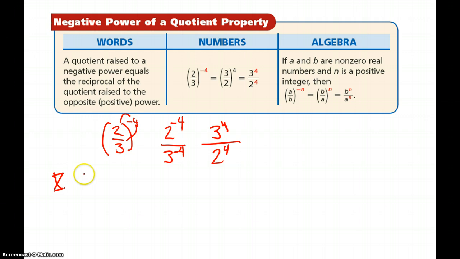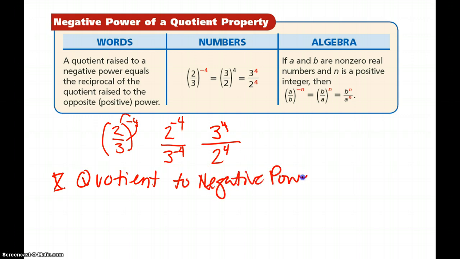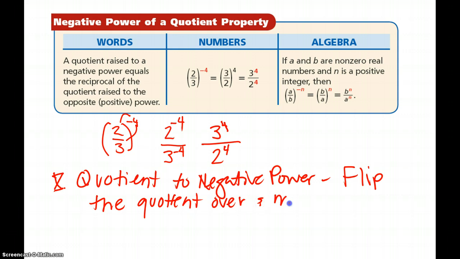So the rule says, for a quotient to a negative power, flip the quotient over and make the power positive first.